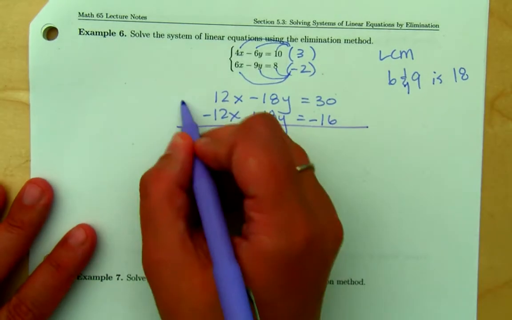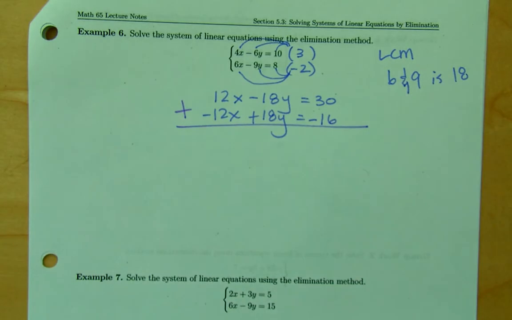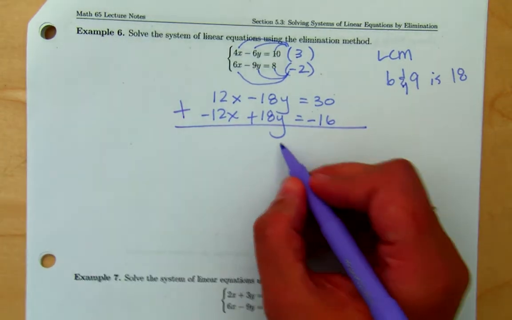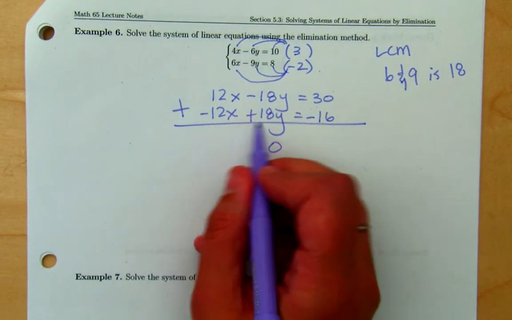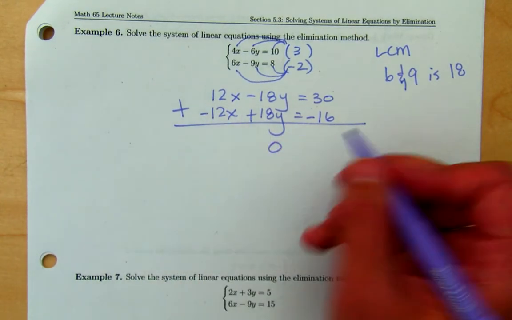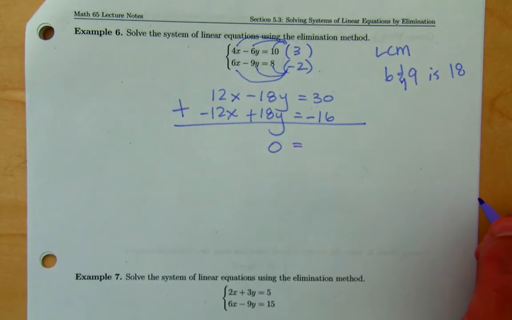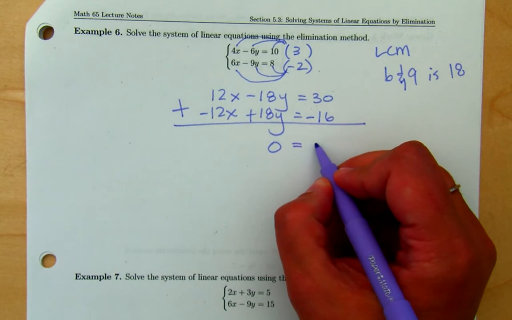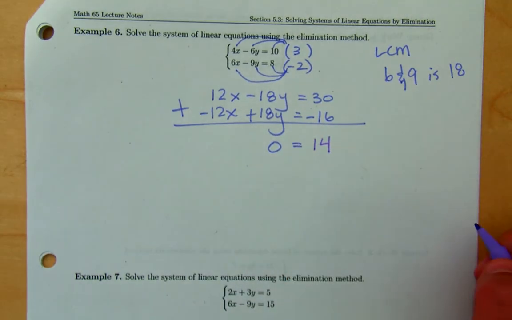Okay, what happens now? We eliminate, we add. What do we get? 0. That's 0, that's 0. These both eliminate. 0 equals what? Is that true or false? False. There's no variables left.